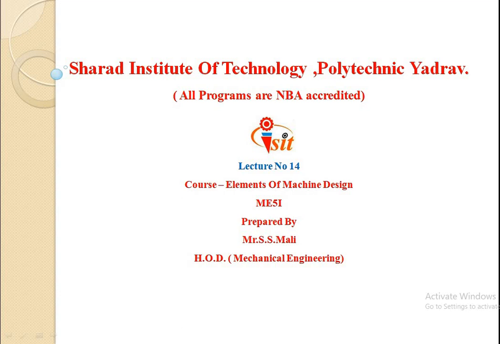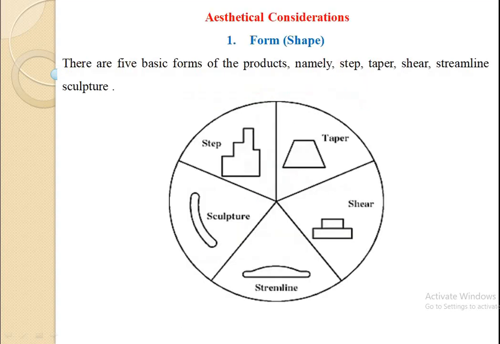Now, in continuation with that, we will study what are the different parameters that are considered in appearance of the product. The first parameter which is considered in the aesthetical considerations, that is appearance of the product, is the form or shape of that product.